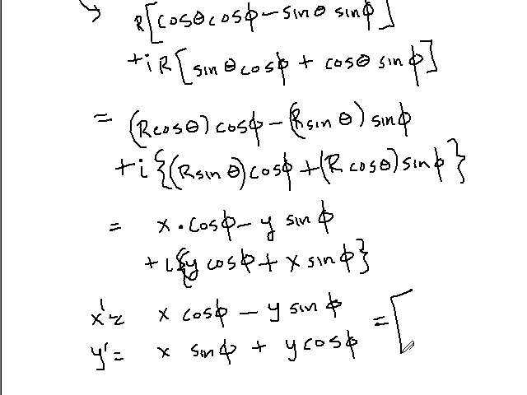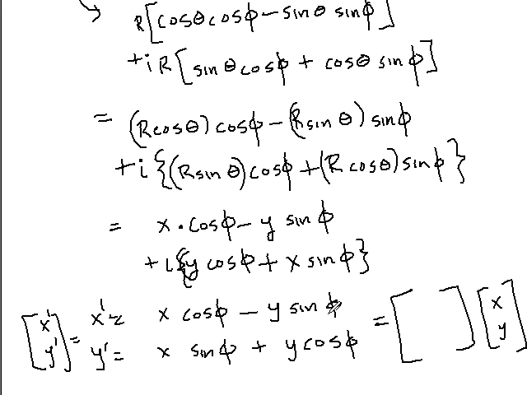Now you can write that as a two-dimensional matrix times x, y, and this is x prime, y prime. So this is cosine phi, minus sine phi, sine phi, cosine phi.